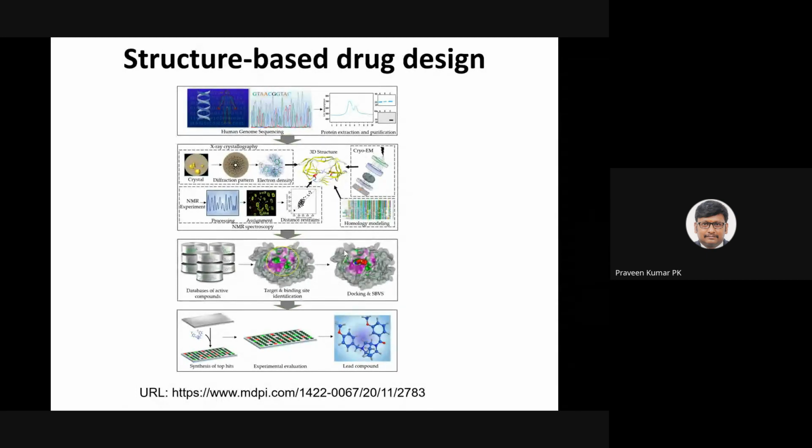Whatever method you use, if it is X-ray, you just get black and white spots, the diffraction pattern. You pass it to the software to get electron density maps. Whatever electron density maps it generates, if you pass them to the simulation software, it generates a 3D structure, and we can find a solid ribbon kind of model in the visualizer.